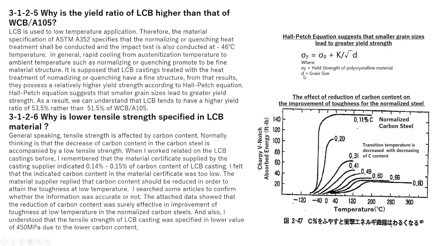Small d is the grain size. Sigma 0 is the original strength of the material, and k is a coefficient based on the material.